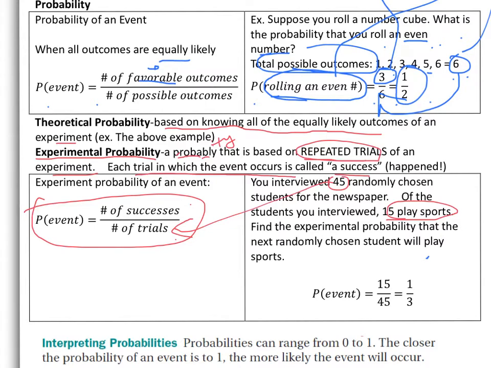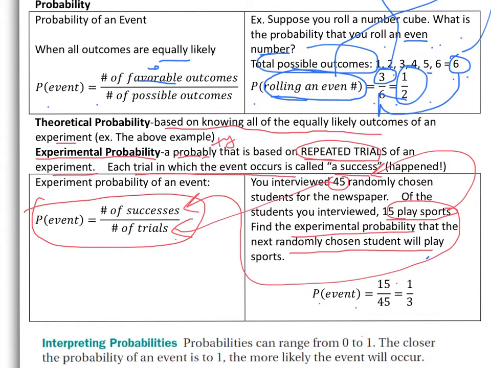And when I do find people who play sports, then it's a success. Okay? Find the experimental probability that the next randomly chosen student will play sports. So, like I said earlier, I want my success to be that the next person interviewed would play sports. So, 15 will be my number of successes. So, I will put P of event equals 15 over 45, and that would equal 1/3.